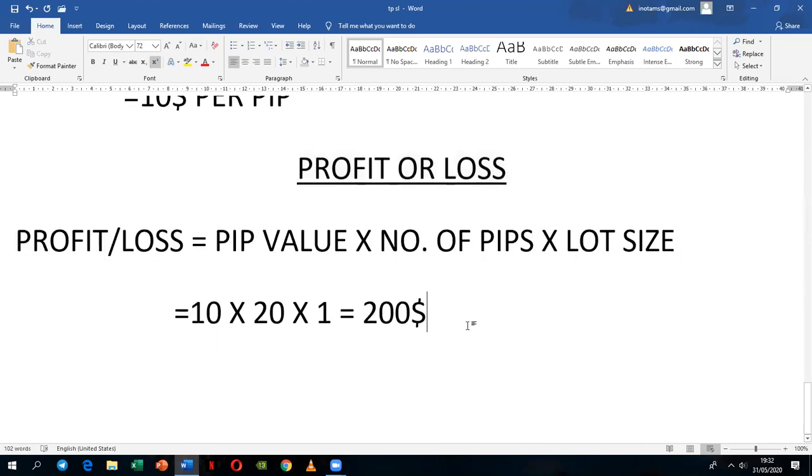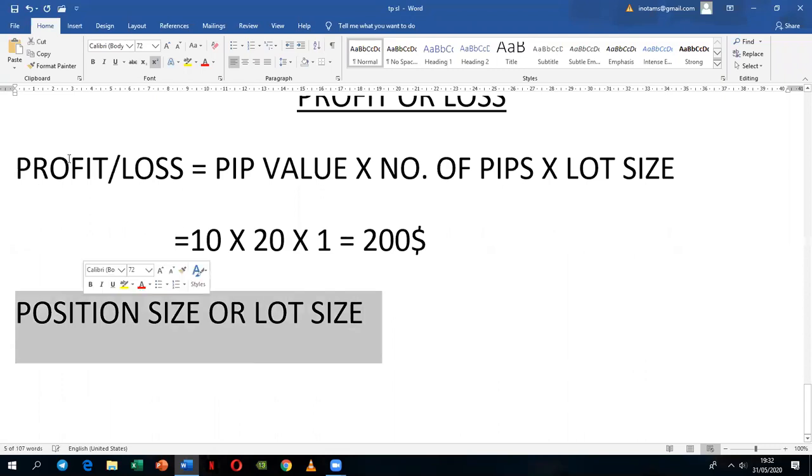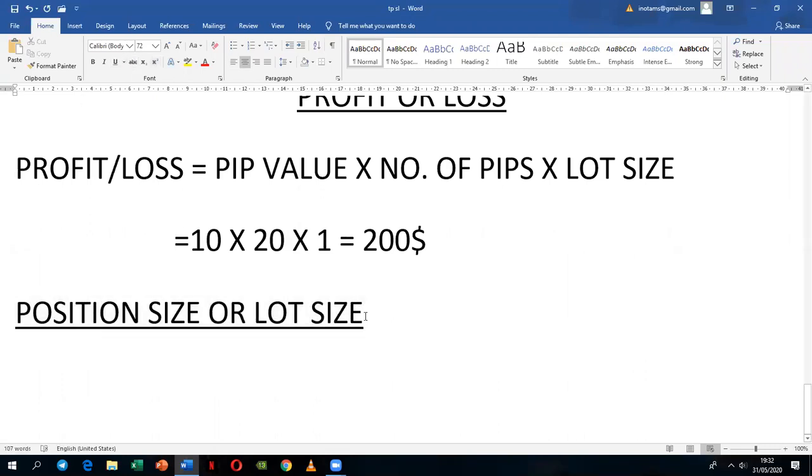So let's go to the last thing, which is position size, or lot size. Guys, before you trade, you need to have defined your lot size, depending on your account equity, how big your account is, the capital.